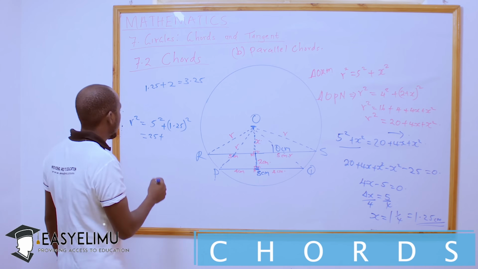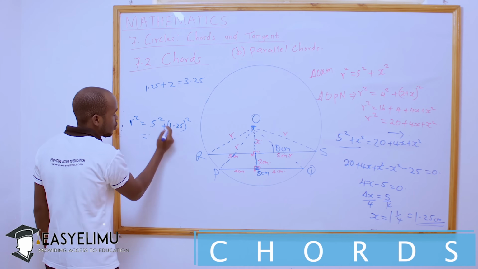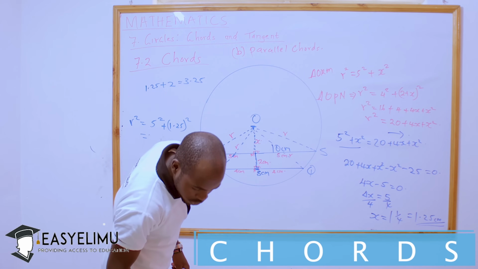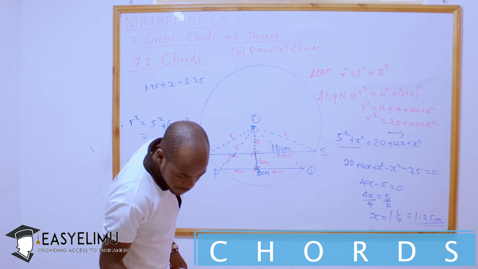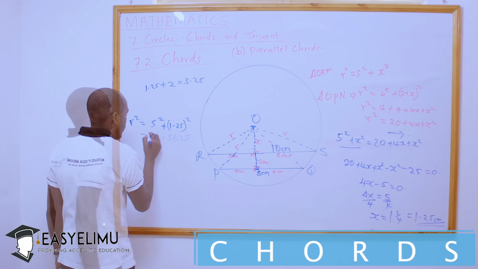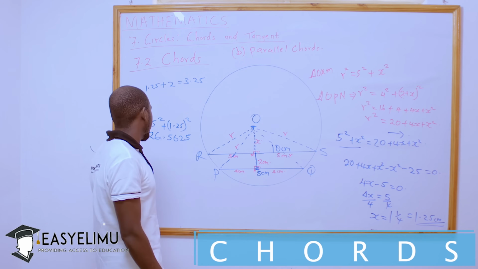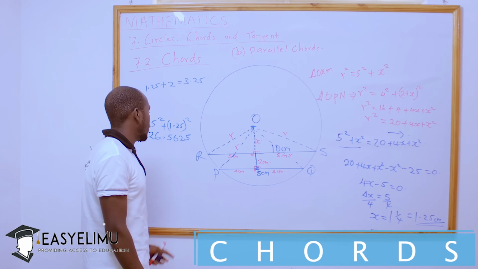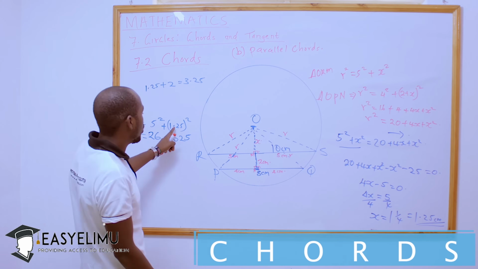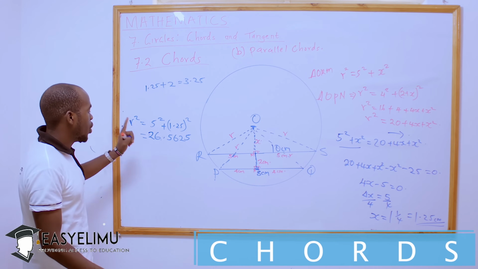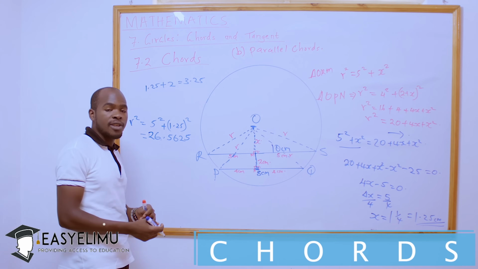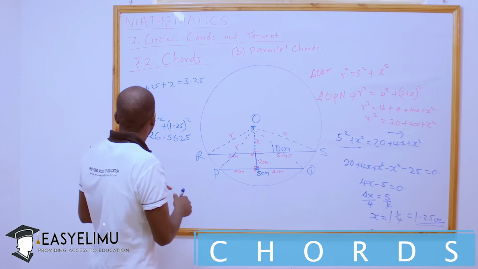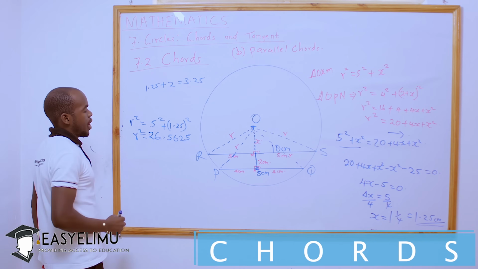The total is going to give us 26.5625, whereby 1.25 squared will give you 1.5625. Now, this one is equivalent to r squared.